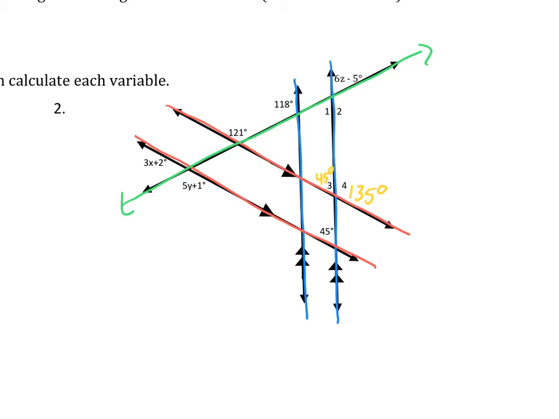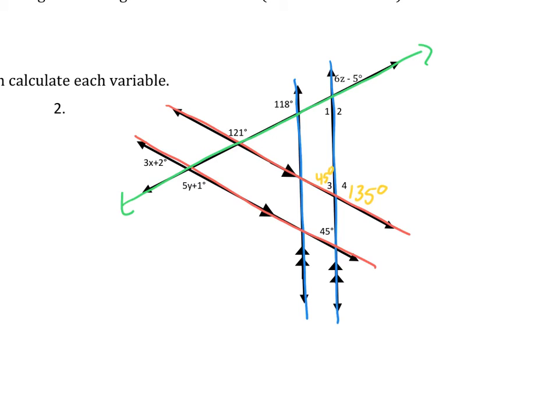Okay, now I'm going to go over into this section over here. These two red parallel lines are cut by the green transversal. I'm going to start by using this 121 degrees to migrate some numbers over to my expression so I can help solve for x and y.